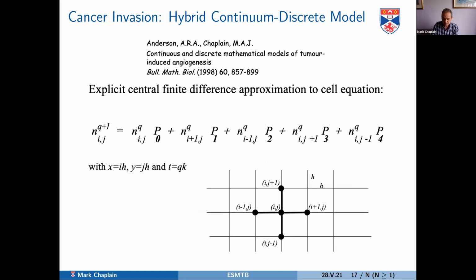And that's what we'd done just a few years earlier to model tumor-induced angiogenesis and the movement of individual endothelial cells responding to tumor angiogenesis factor, VEGF, where you can track the motion of individual cells which make up individual capillary elements.